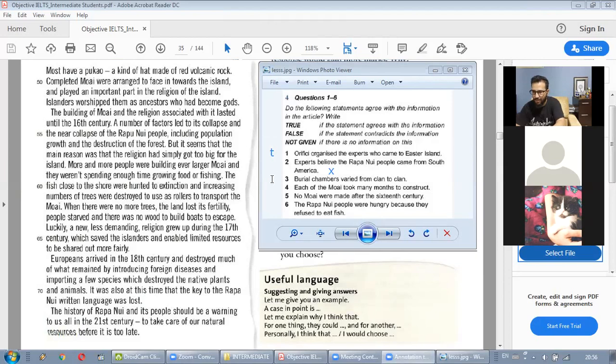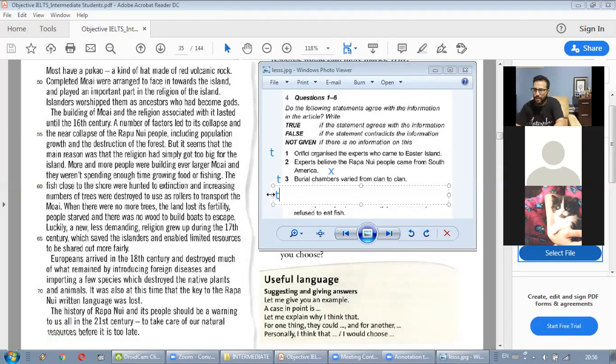The fourth one was not given. What about the sixth one? Wait, number 5 is true. Do you agree, Rima? Do you think it's true? Yes, true.